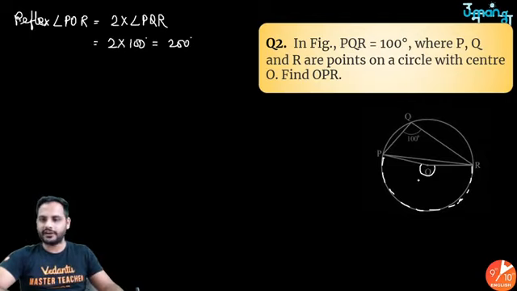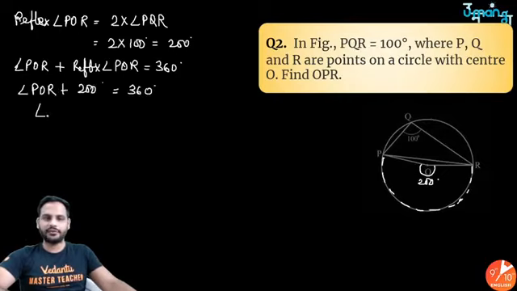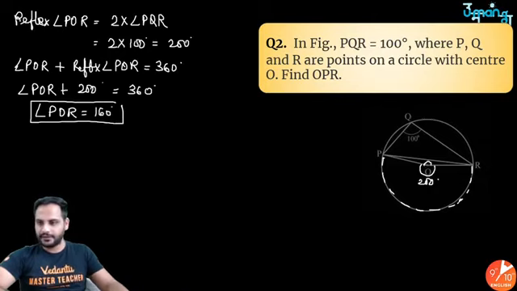It is more than 180 degree. So angle POR plus reflex of angle POR will be equal to 360 degree. So angle POR plus 200 degree is equal to 360 degree. So you got angle POR is equal to 160 degree.